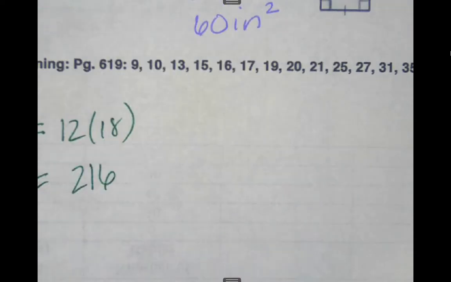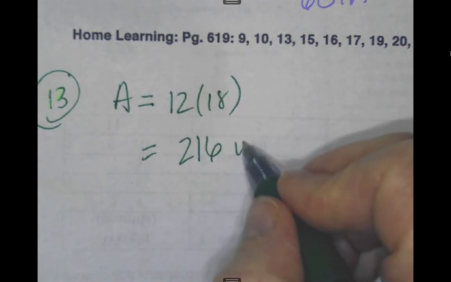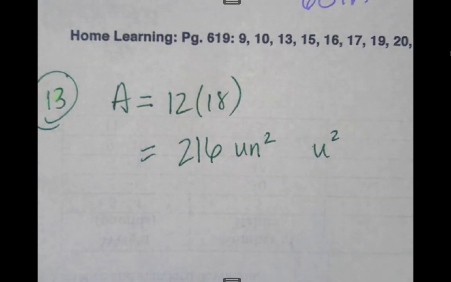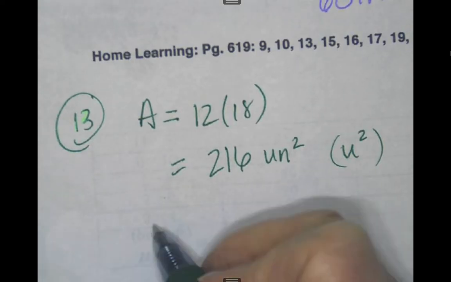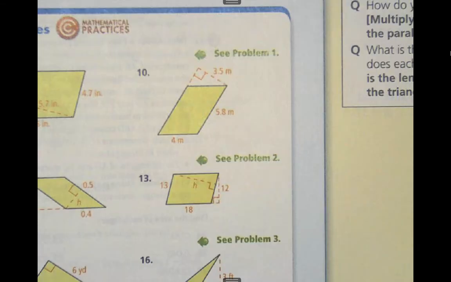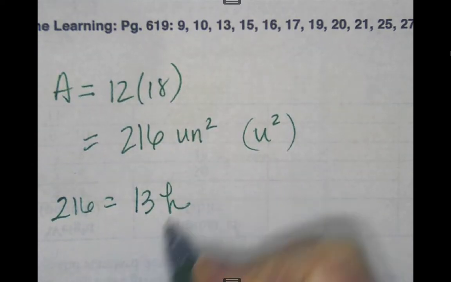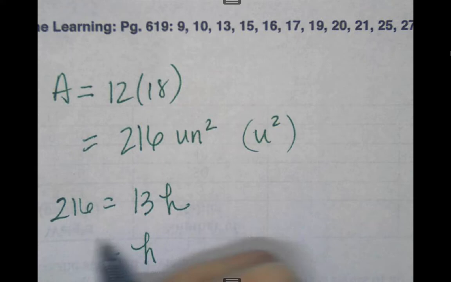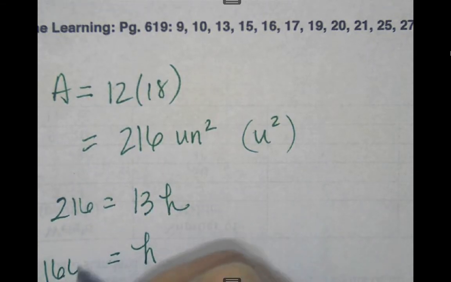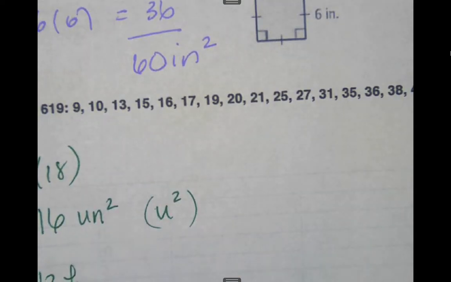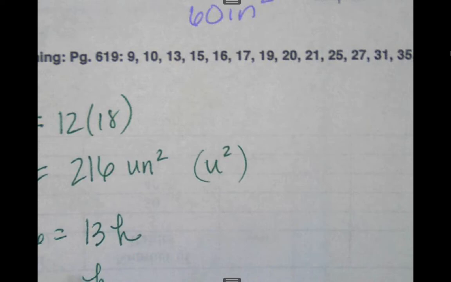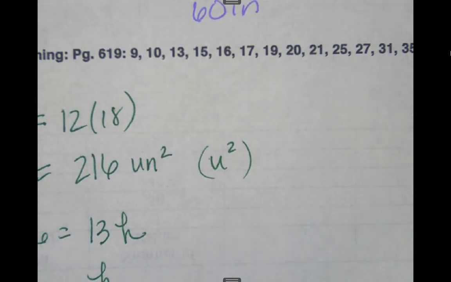They didn't give me units there, so sometimes people might write unit squared, or just u squared if they don't give you units, so you could do that if you wanted to. Then I know that that's the answer to the area. The other way is 13 times the height, which I don't know. So when I solve for that height, I do 216 divided by 13, and I get 16.6. The units again, there's no units there, so I could just say u or units or whatever you wanted to say there. Okay.